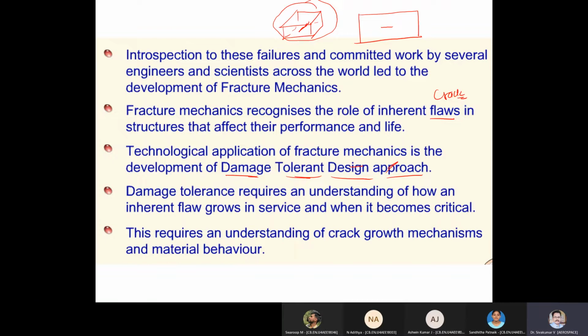The development of flaws or cracks may be because of a manufacturing fault, an assembling fault, or a service fault. Any of these might cause damage inside the body of a structure. So what does the damage tolerance approach mean? Can I use that particular structure for my application?